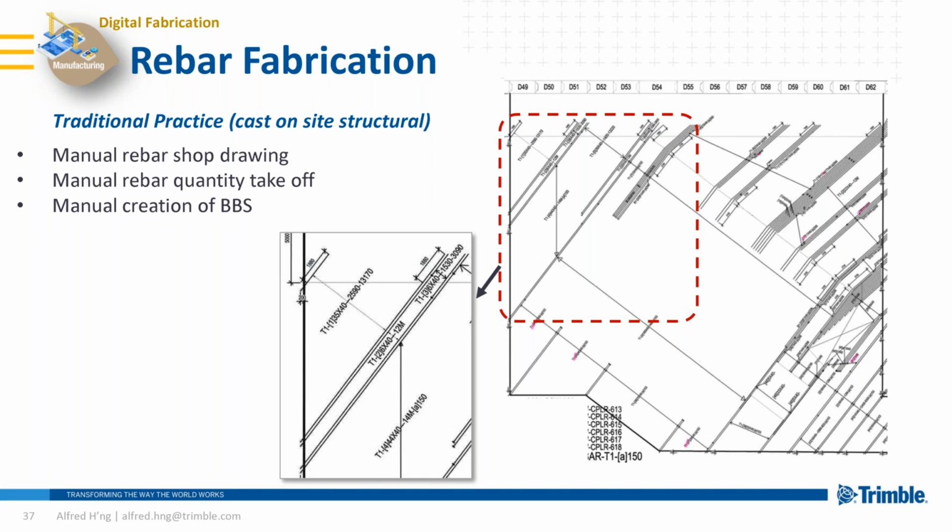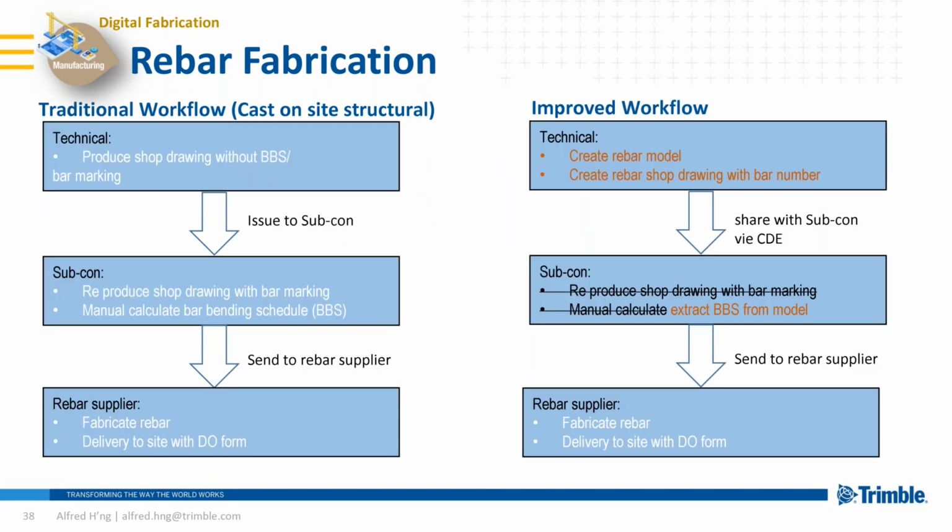Next, please. So to have a clearer view of the traditional workflow and the proposed workflow, I put them side by side. On the left is the traditional workflow. By the way, we are talking about cast on-site structure, not precast structure.